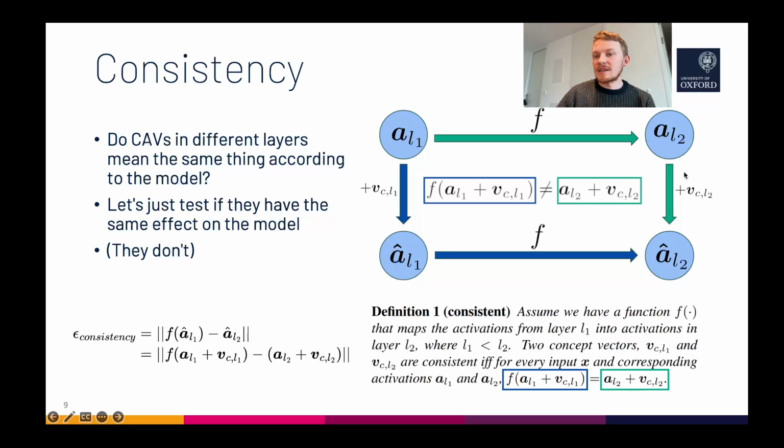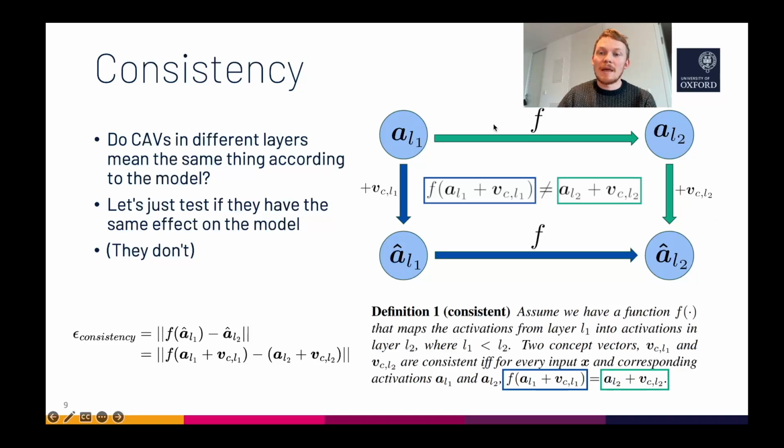On the right, in this scary looking diagram, we start with the activations in some layer L1, and F is a function to go from layer L1 to layer L2. For example, that could just be a convolutional layer and a ReLU or something like that. We pass the activations through that layer to get the activations in layer L2.